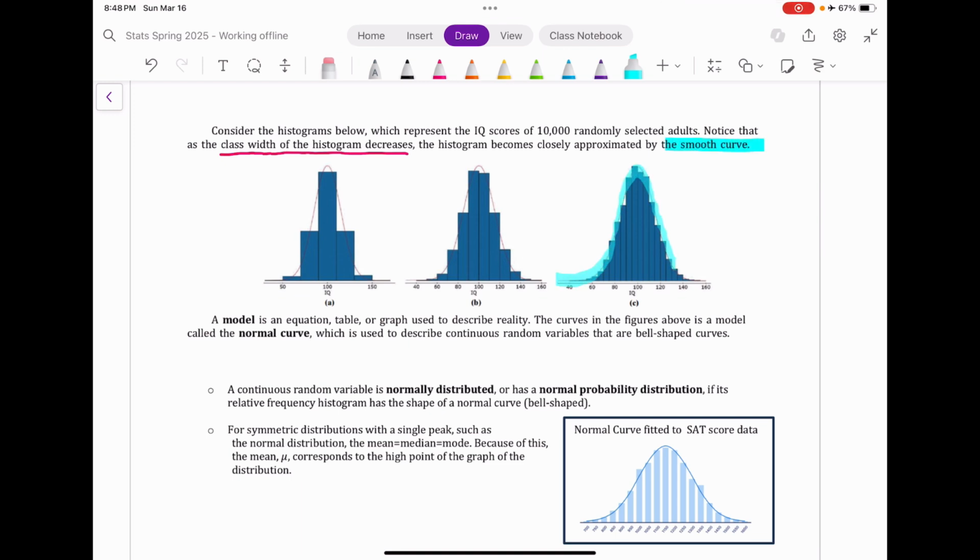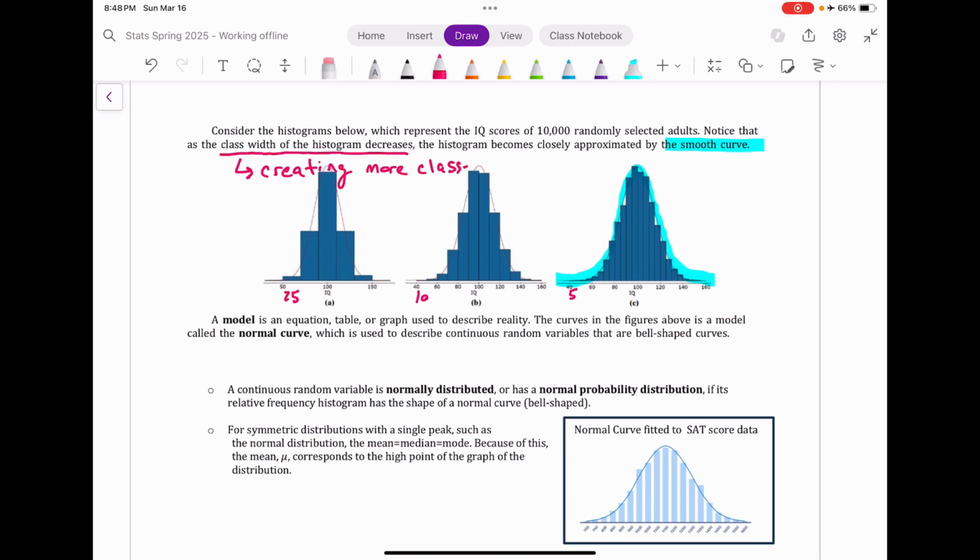All three of these histograms represent the same data, and the class width looks about like 25 on the first graph, 10 on the second graph, maybe 5 on the last graph. As the class width decreases, we're also creating more classes to accommodate all the data.